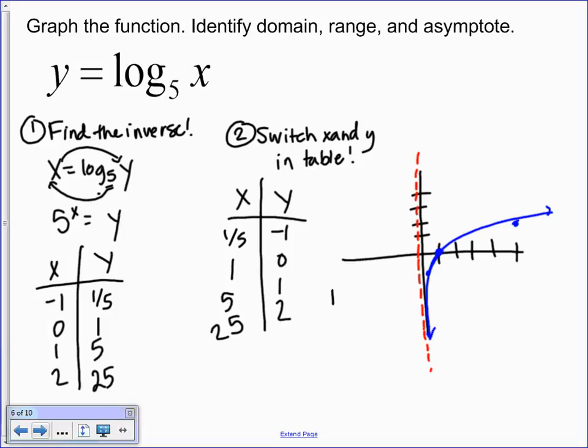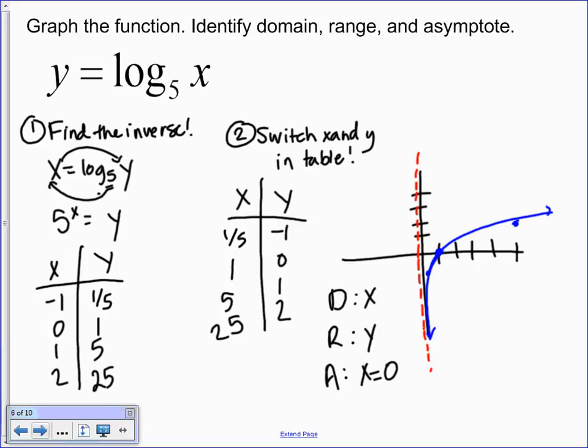Okay, so if I'm listing domain, range, and asymptote, instead of y equals, it will now be x equals. Domain and range are always with the same variables. So domain is always talking about your x's, and range is always talking about your y's.